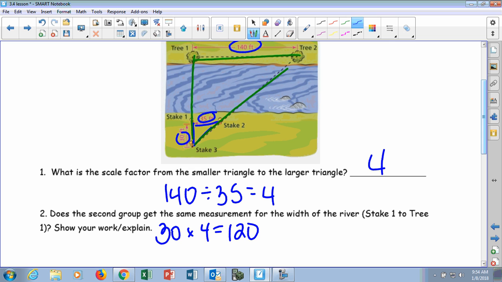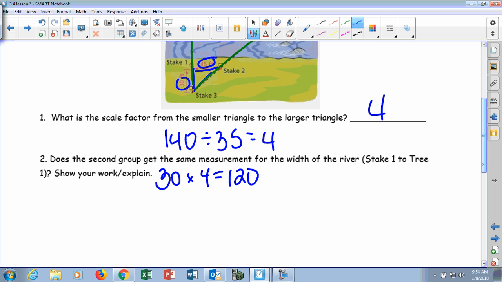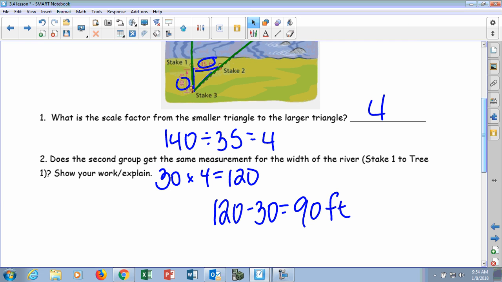But again, we only need to go to stake 1, so what do we got to subtract out? Joey? 30. So 120 minus 30 gives you 90. Was that the same? Sure is. So that's the same exact width from tree 1 to stake 1. Okay? So you see how we can use the scale factors of similar figures to solve real life problems.